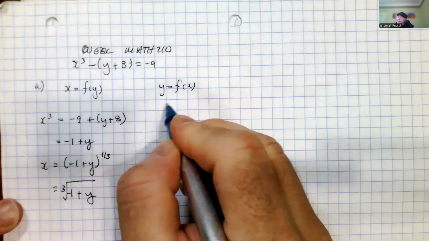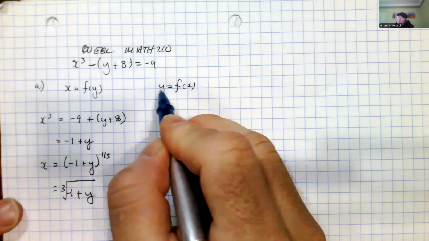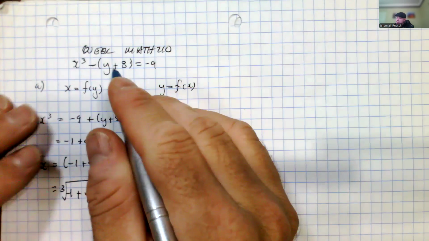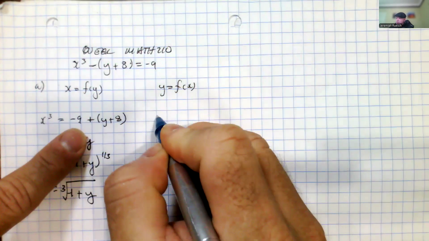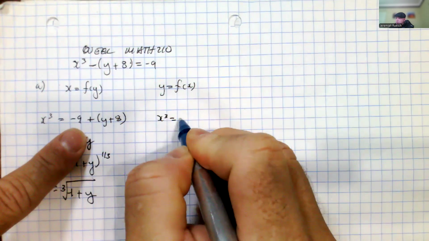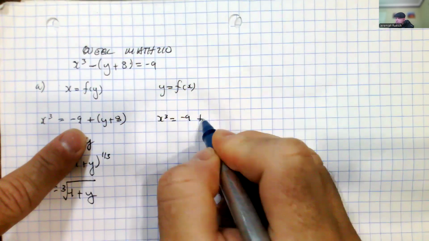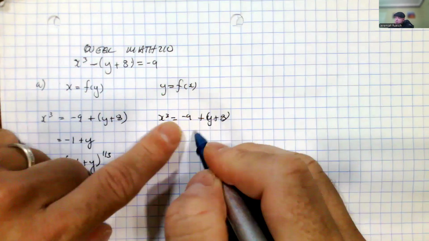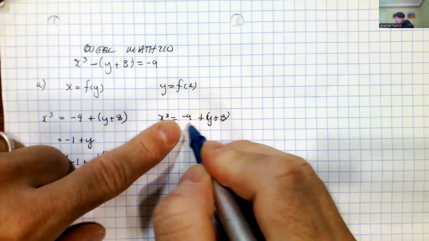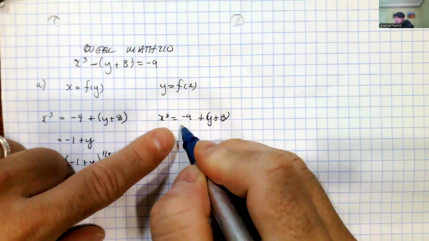And now if I want to solve y as a function of x, I'm going to do essentially the same thing. So I'm going to take over from this component here. So I have x cubed equals -9 plus y plus 8. I'm doing the same thing, except now I'm going to move this quantity over here. So we already saw that -9 plus 8 is -1.